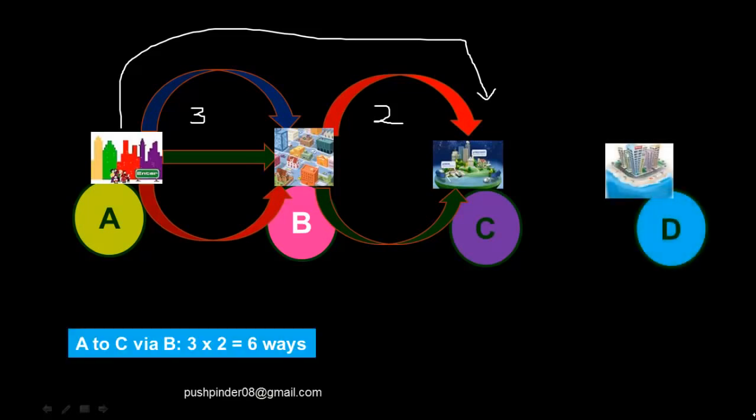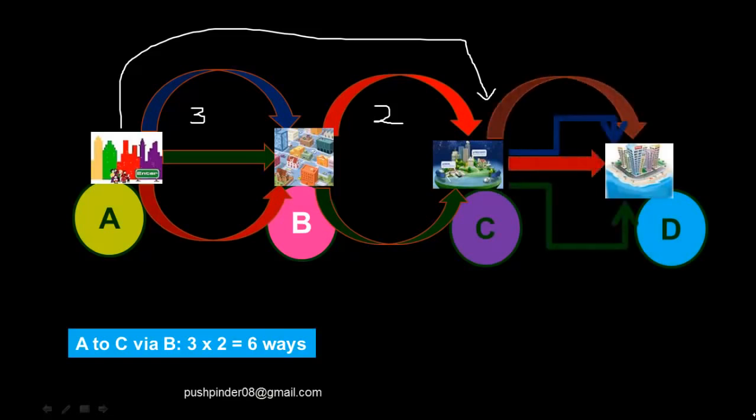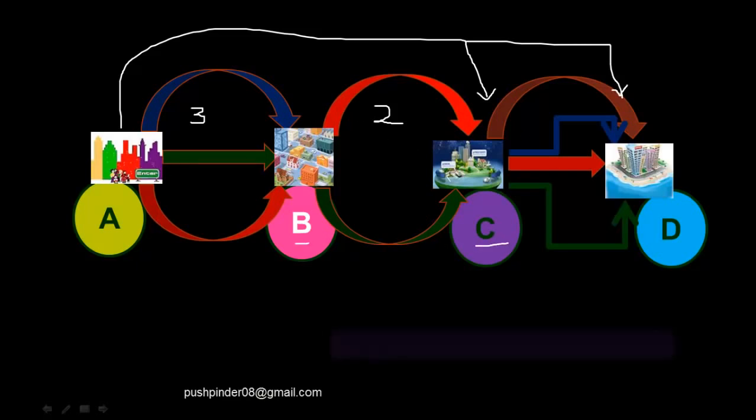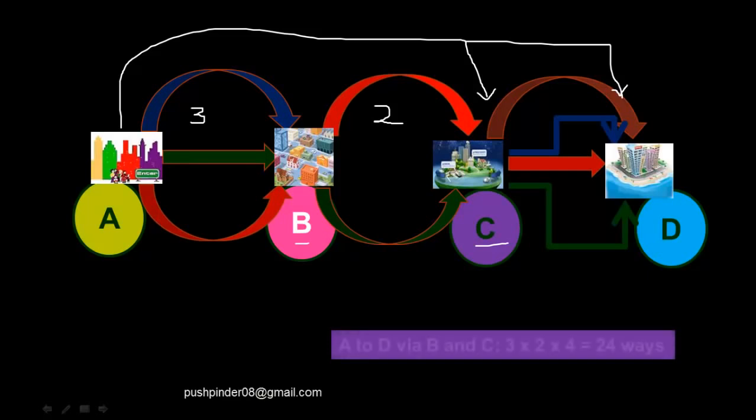Now let me say there is another city called city D as well, and there are 4 ways to go from city C to city D. Now if I ask you how many ways there are to go from city A to city D via B and C, that would be 3 into 2 into 4, that is 24 ways.